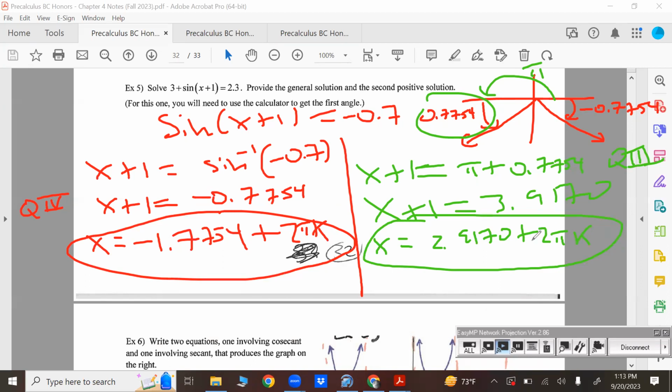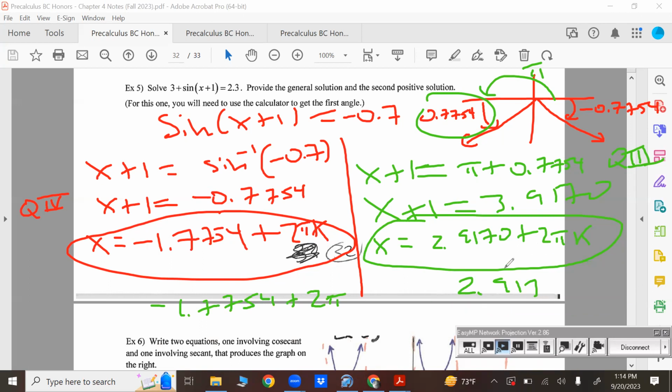What will be the first positive solution is going to be negative 1.7754 plus 2 pi. Is that the second one? Yes, because the first was 2.9170. That's your first positive solution.